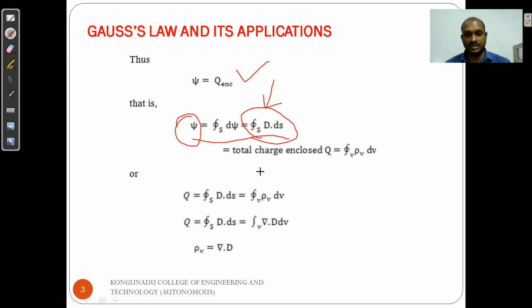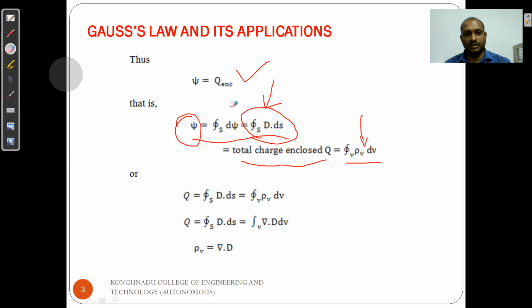We are going to calculate the electric flux density using Gauss law for different applications. Q is called the total charge enclosed, which is equal to the volume integral of ρV dV, where ρV is called the volume charge density.